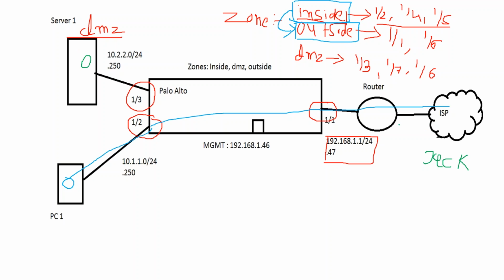This Jack is from the outside network, so this is outside to DMZ. He is included in outside, and the traffic will go to the DMZ, which is our third zone. So in this policy, outside becomes the source and DMZ becomes the destination.